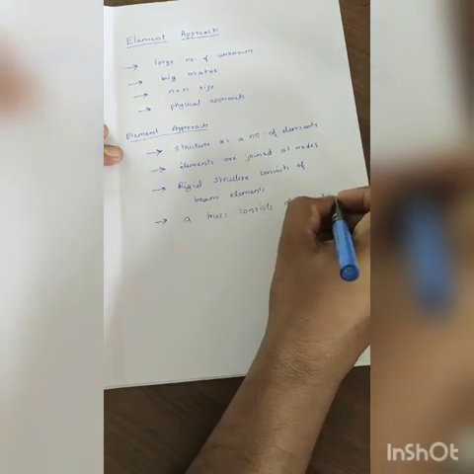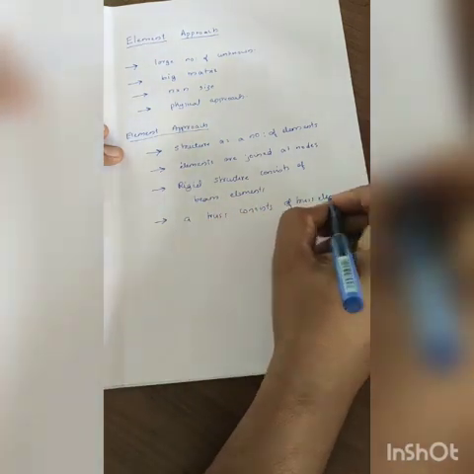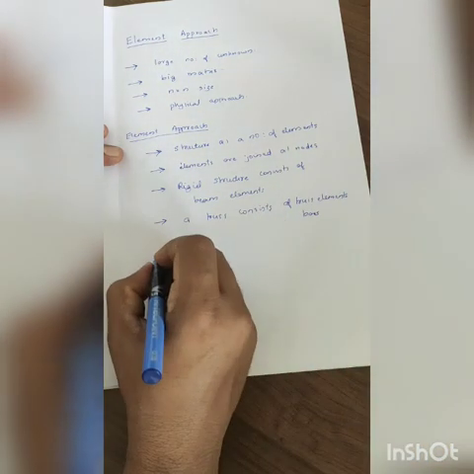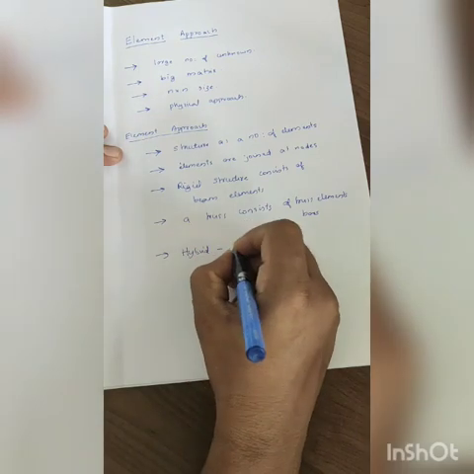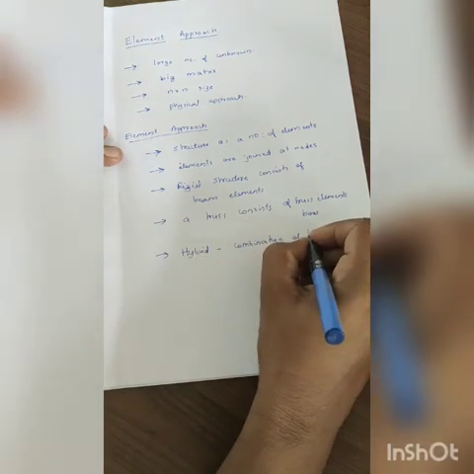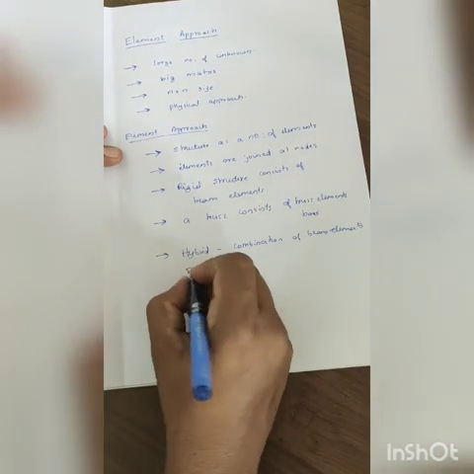Truss elements we also call bars. And if it is a hybrid structure, it will have a combination of both beam elements and truss elements.